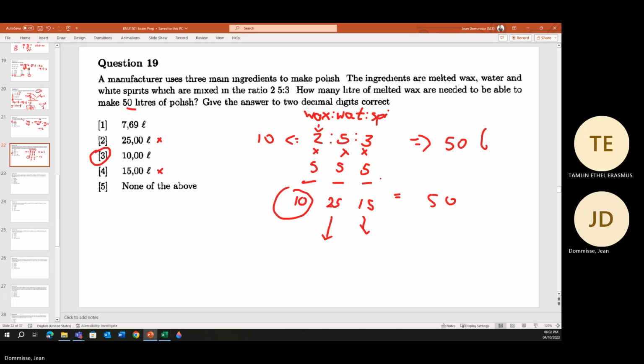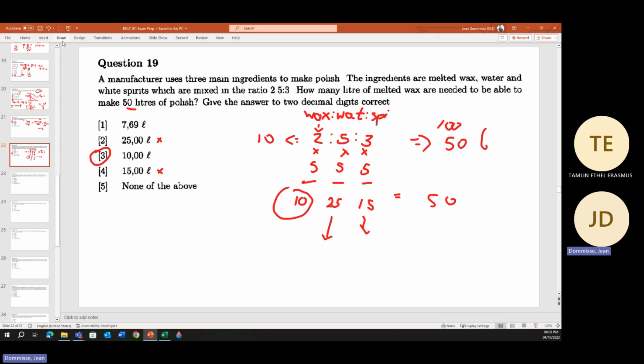They could have also made it 100 liters, and then you just need to change the multiplier. Where we multiplied by 5, if it was 100 liters, we would have said 100 divided by 10 is 10, so we would have multiplied everything by 10.